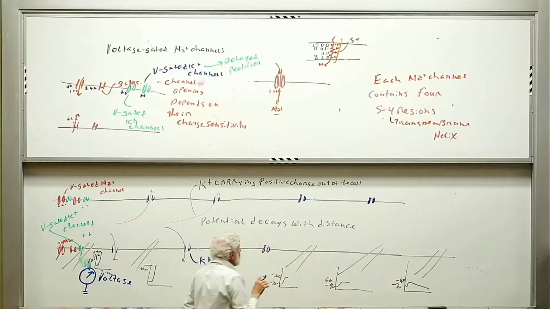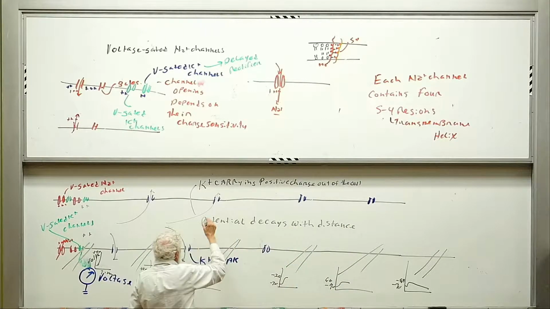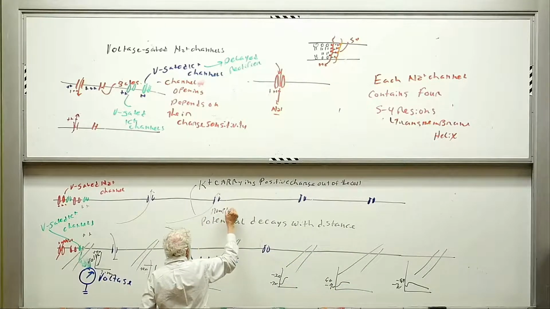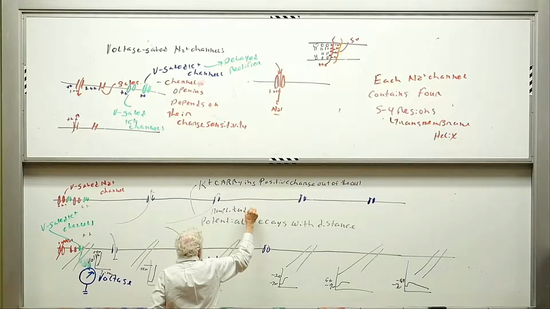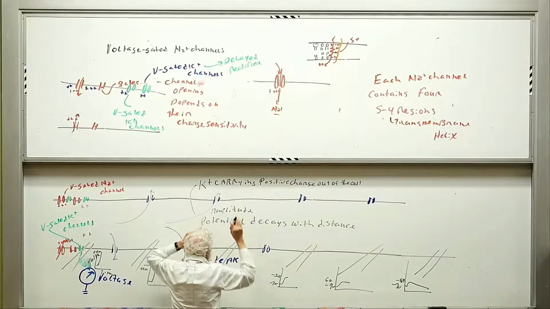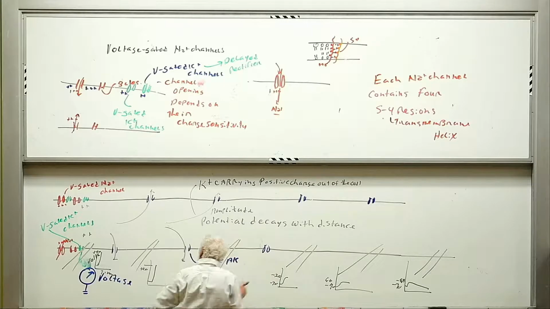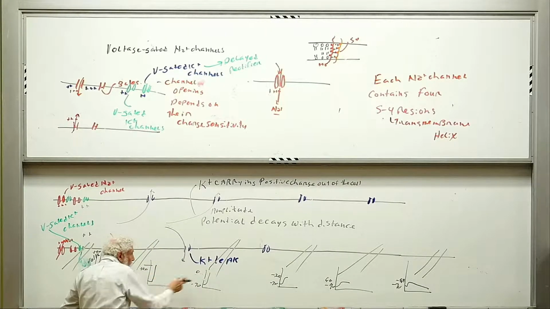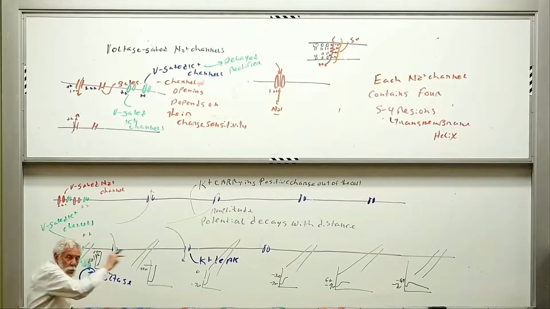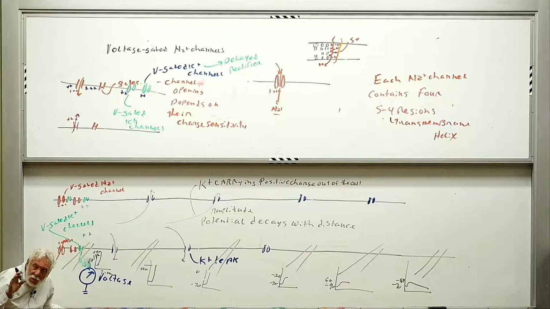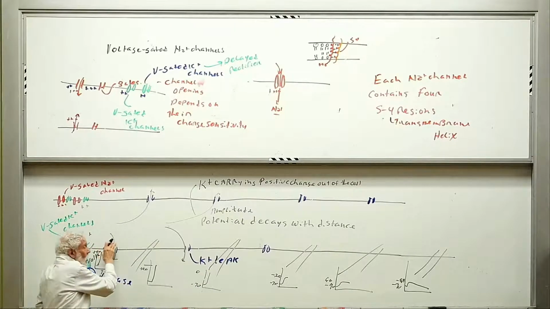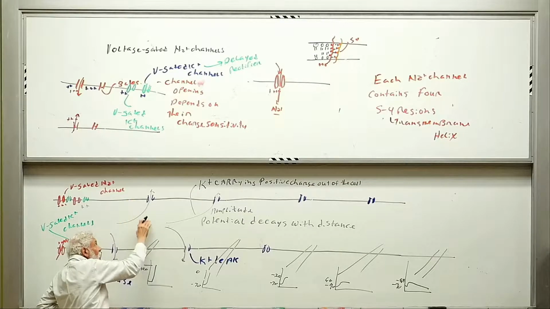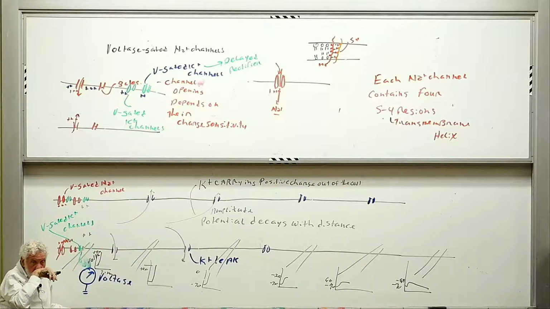This term, the potential decays with distance, I should say the amplitude. This term that the amplitude of the potential decays with distance is simply shown by the fact that these amplitudes of these depolarizations are getting smaller and smaller and smaller as we go away, and that's because the positive charge has left the membrane, left the cell through the leak channels.